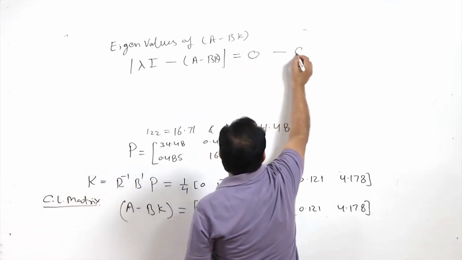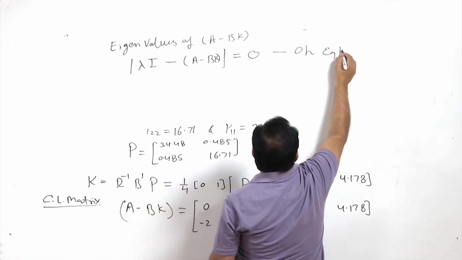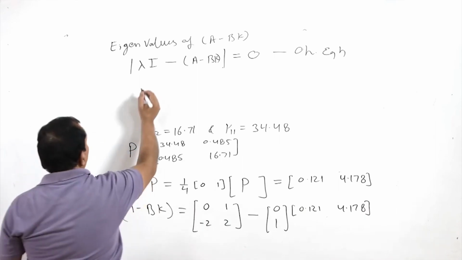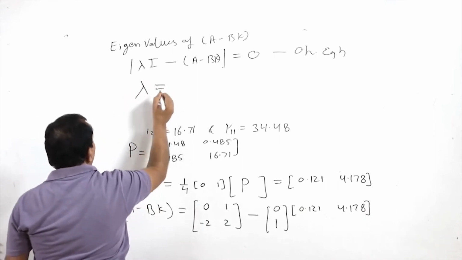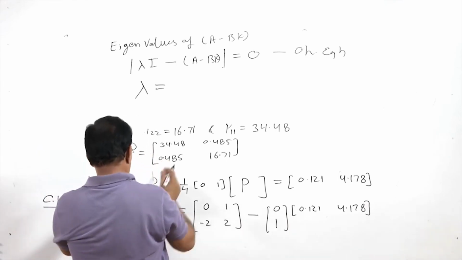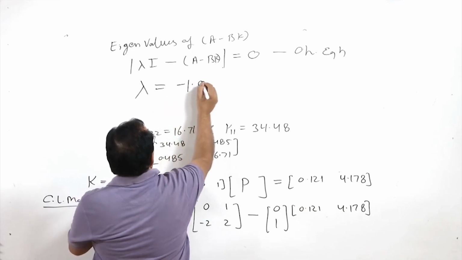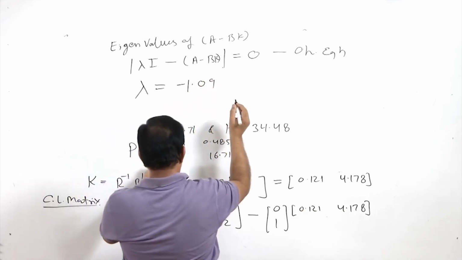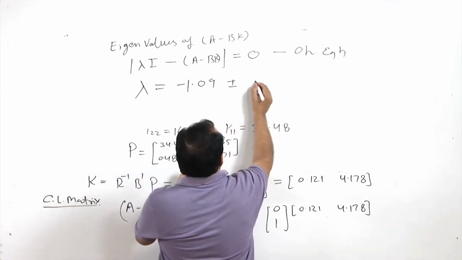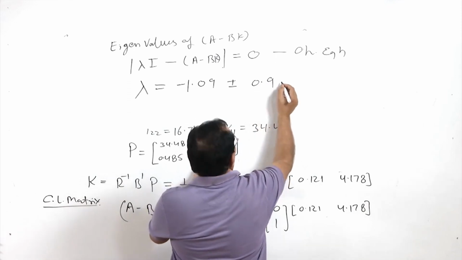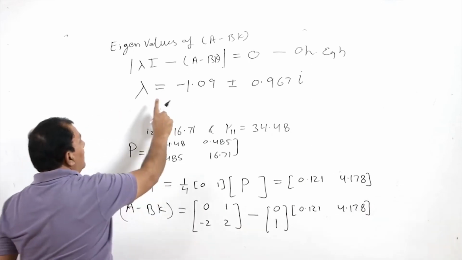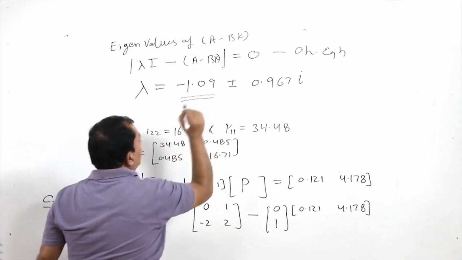This is my characteristic equation, and the roots of my characteristic equation will give me the value of lambda. For this case, it is minus 1.09 plus minus 967 i, and we can see my eigenvalue has a negative real part.